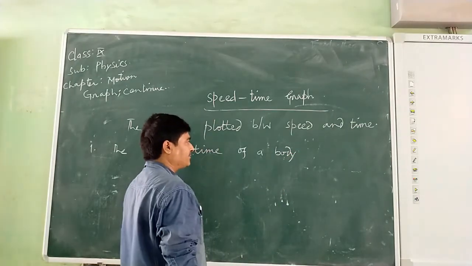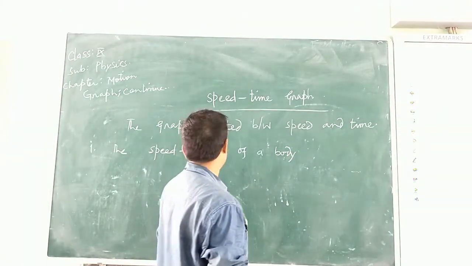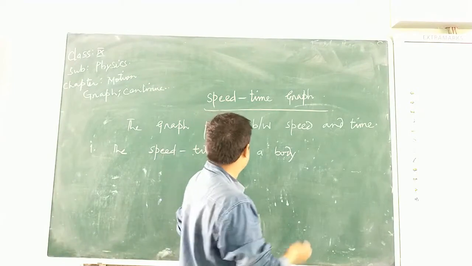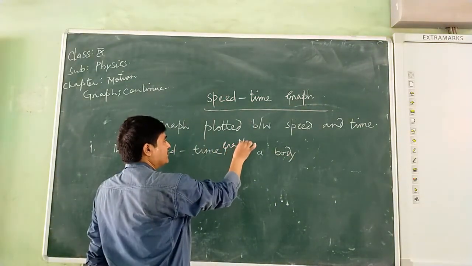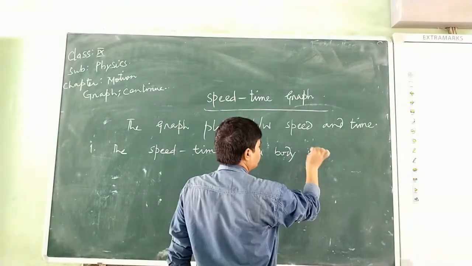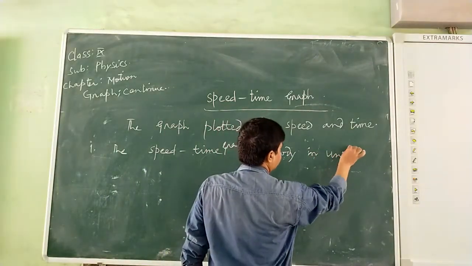For a speed time graph, the body must be in motion.